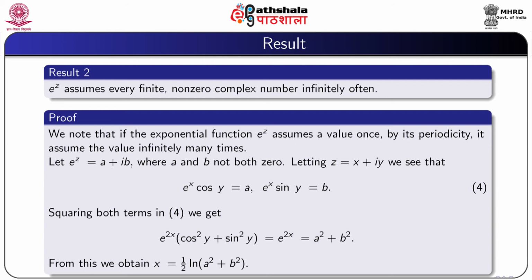So squaring both sides, we get e to the power 2x into cos square y plus sin square y, that is equal to e to the power 2x, which is equal to a square plus b square. From this we obtain x equal to half log of a square plus b square.